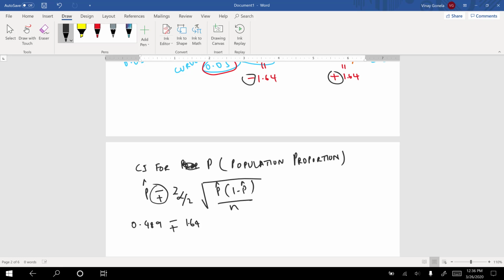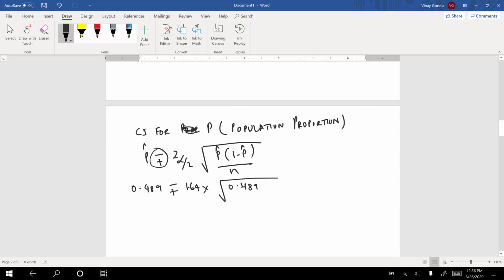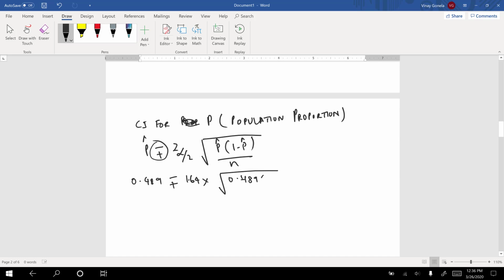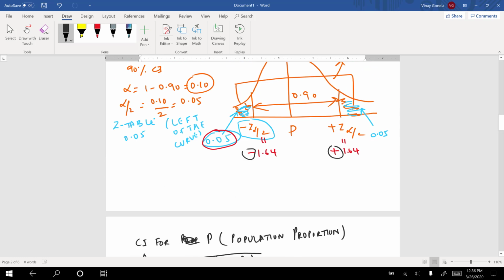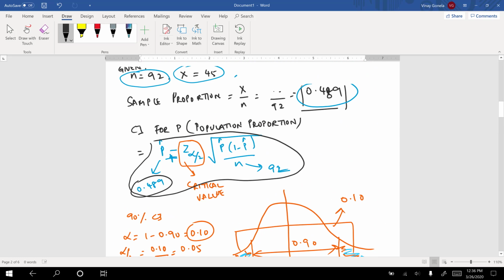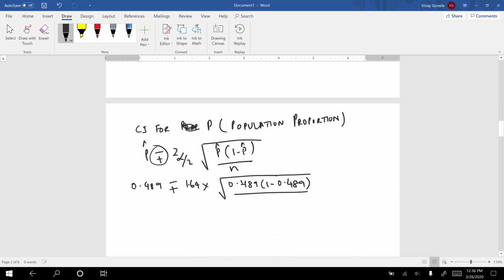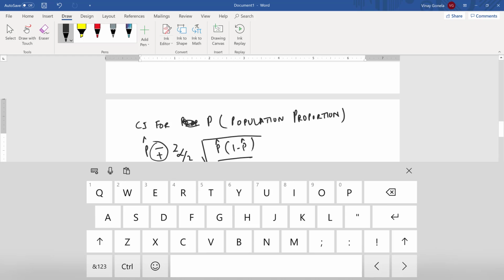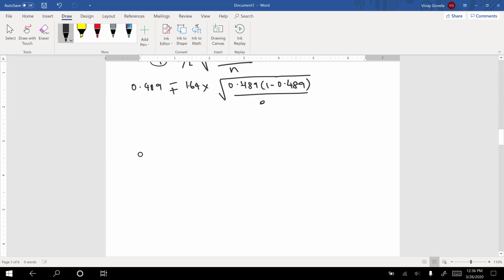So 1.64 multiplied by the square root of 0.489 times 1 minus 0.489 divided by n, which I think is 92. Let me cross check. So that's 92. That's good.